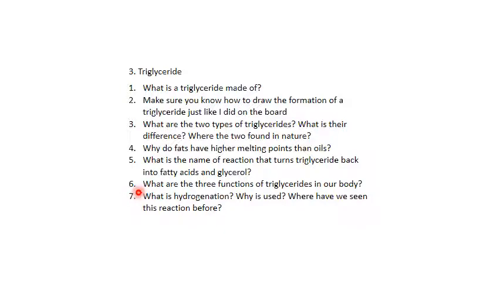All right. What is hydrogenation? Hydrogenation is where you take an unsaturated hydrocarbon, either an alkene or an unsaturated fat, and you add hydrogen through a chemical reaction. When you do that, it removes the double bond and makes it saturated. We saw this before when we talked about alkenes to alkanes.